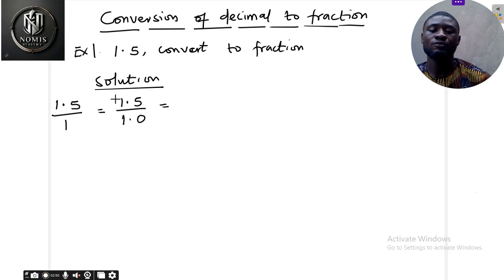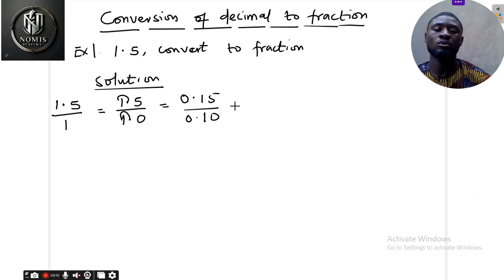If I move to the left, I'll keep having a decimal number because 0 will now have to appear. If I move this to the left, this becomes 0.15 all over 0.10. If I move to the left again, I'll keep having decimal number, but I want to have a whole number. Therefore, I'll move to the right.